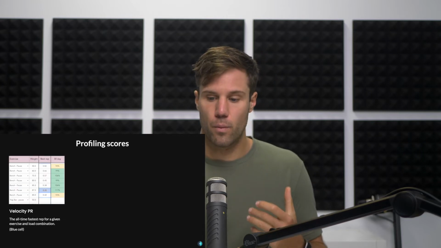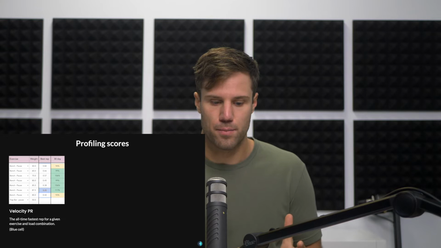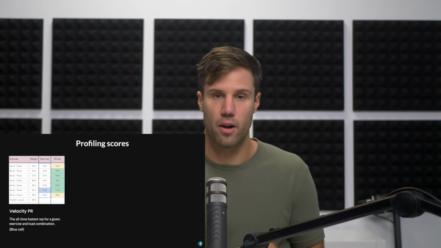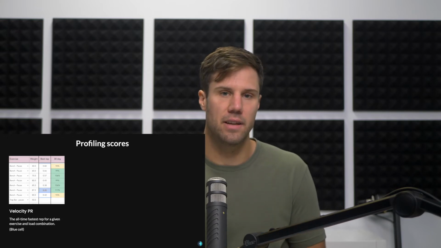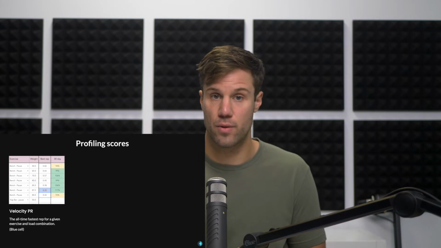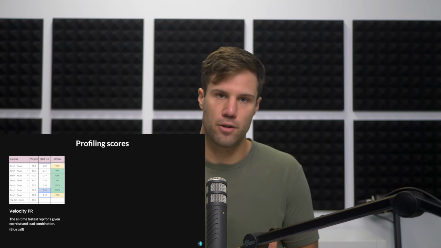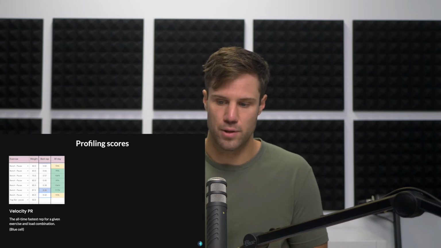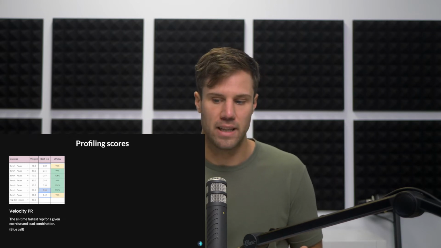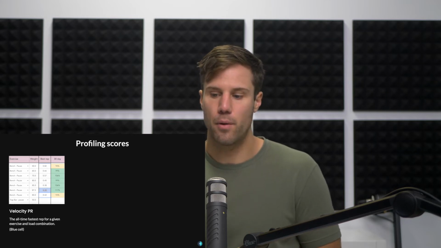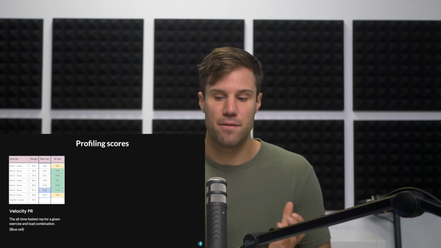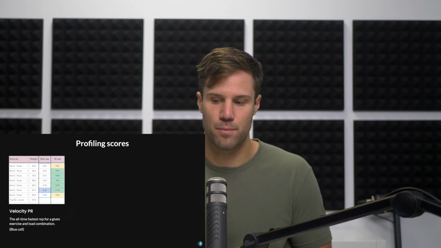So one other way is what we talk about here as profiling scores. So scores we can track over time within sessions that give us an indication of our increased strength, even if we're not doing those new top PRs. My favorite is a velocity PR, and it's highlighted here in this little blue cell. So for this 87.5 kilo set of bench press, for example, that 0.35 meters per second is the fastest I've ever done an 87.5 kilo bench press.